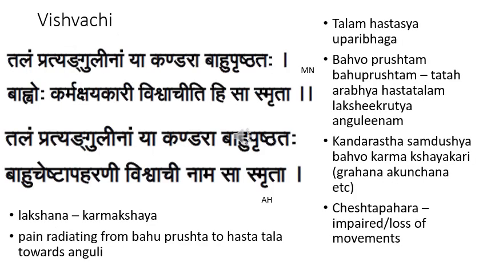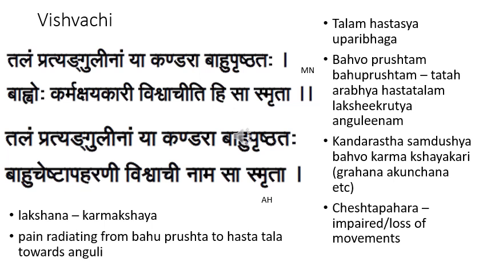When you consider the explanation given by Madhavanidana and Ashtanga Hridaya, in Madhavanidana it is mentioned: Talam Pratyangulinam Ya Kandara Bahu Prishtada Bahu Karmakshayakari Vishwachi iti Smrita. Talam is Hastasya Upari Bhaga, the posterior aspect of the arm.